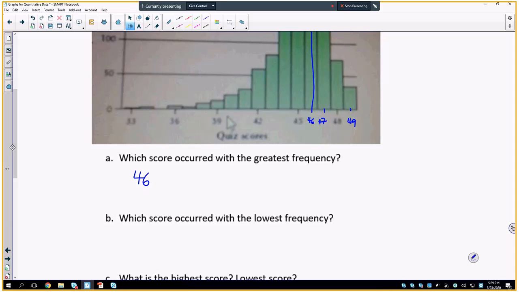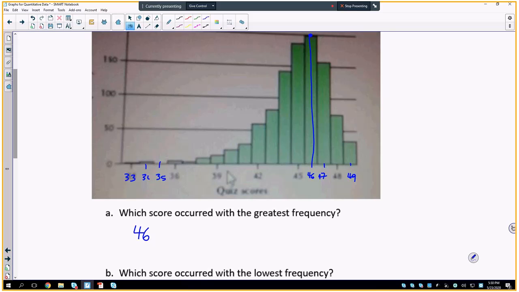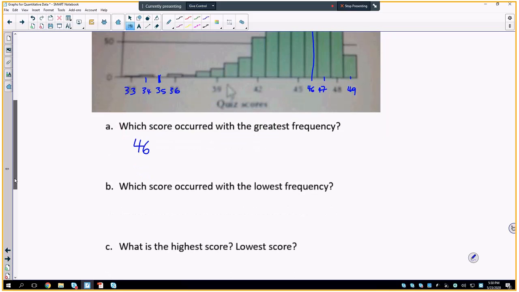It also asks which score occurred with the lowest frequency. So again, we're between 33 and 49. I think this one, which looks like 35, if this is 34 and this is 36. So I think 35 looks like possibly no one made that score at all, or if they did, it's just a few people, because the bar is so tiny you can hardly see it.